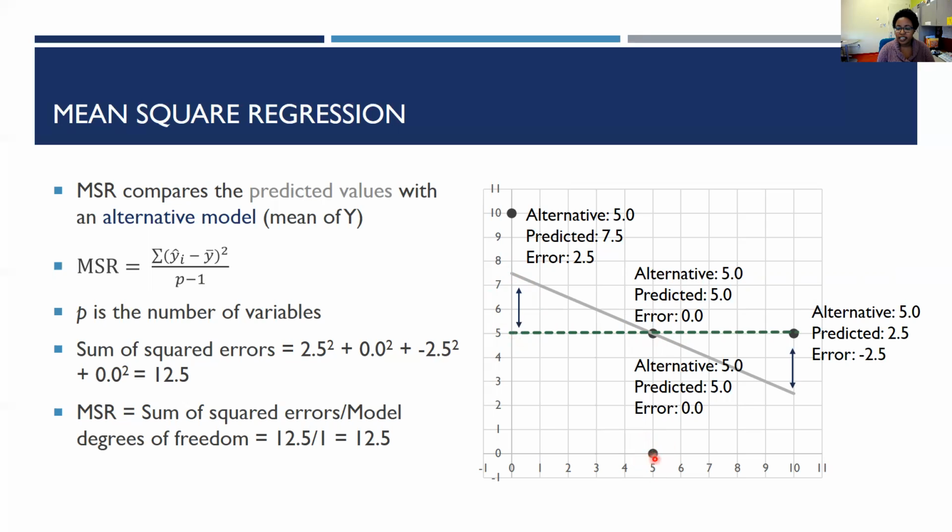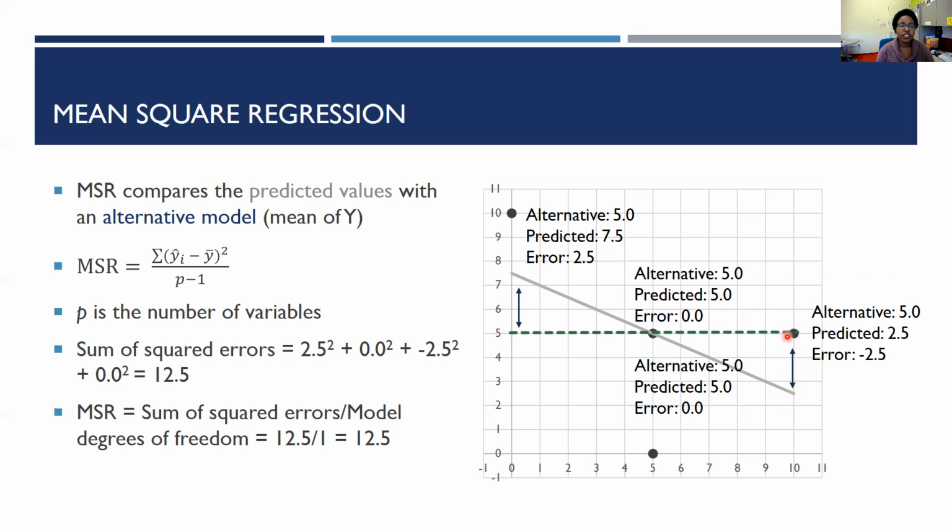For this person down here, notice that their actual value is way different from either our predicted or our alternative value. But again, the actual value doesn't matter. What matters is that we predicted a score of 5 for them, and our alternative model also predicts a score of 5 for them. So their error is 0. And then this last person over here, we predicted they would get a 2.5.